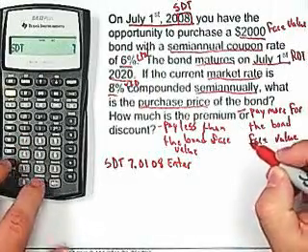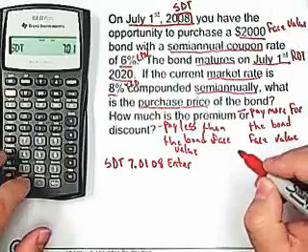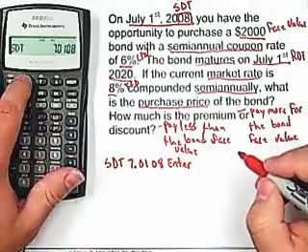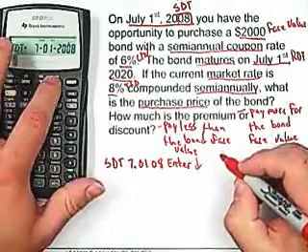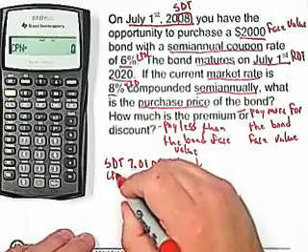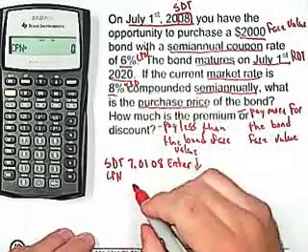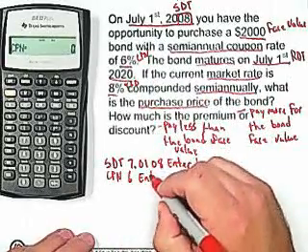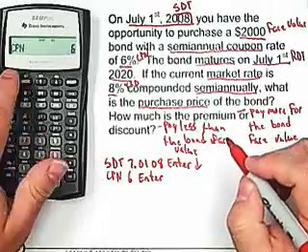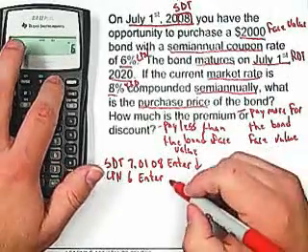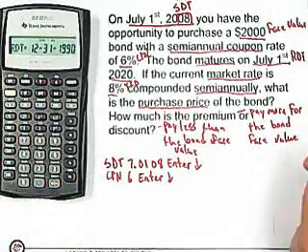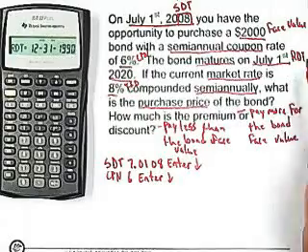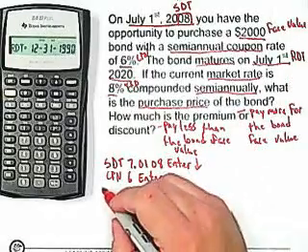So 7 decimal 01 08, enter, down arrow, brings us to the coupon. Coupon rate is 6%, so just type it in as 6. The calculator will understand that it's a percent, so 6, enter, down. This brings us to RDT, redemption date, which is July 1st of 2020.